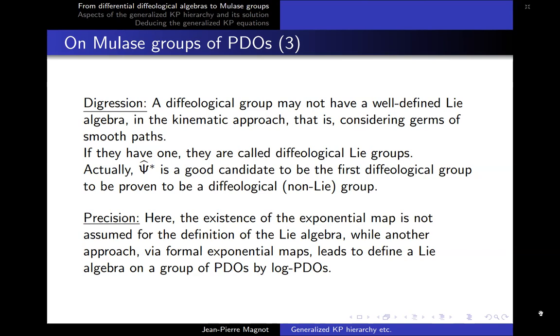Vector fields are not well defined, and of course the bracket of vector fields is not well defined at all. And we have to assume some technical conditions to prove that this bracket of vector fields exists and is in the good tangent space. So when it happens, these diffeological groups are called diffeological Lie groups.